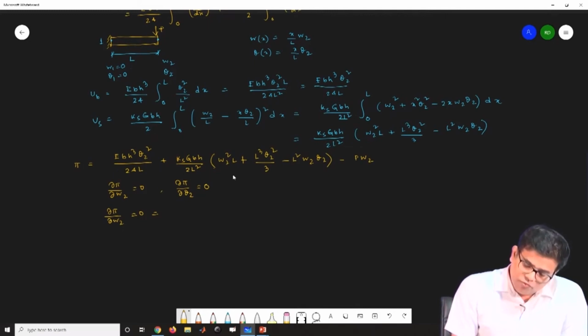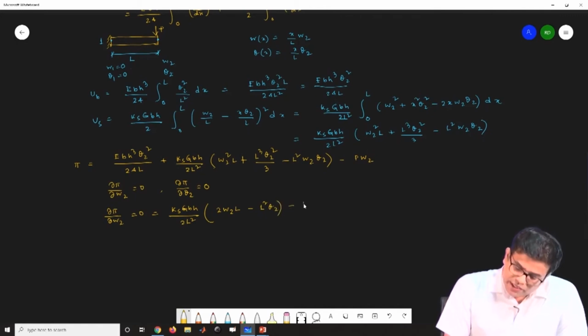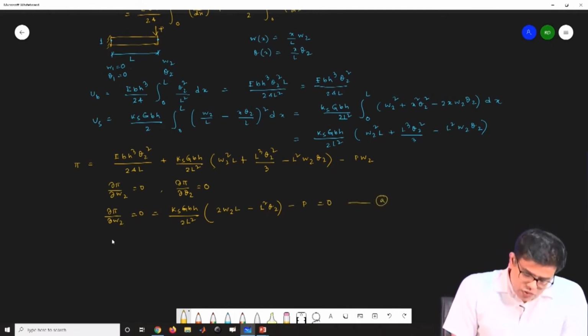So now only this term will be there: KsGBH by 2L square, into 2W2L, and here only L square θ2, equals minus P. That is your first equation, equation number A.